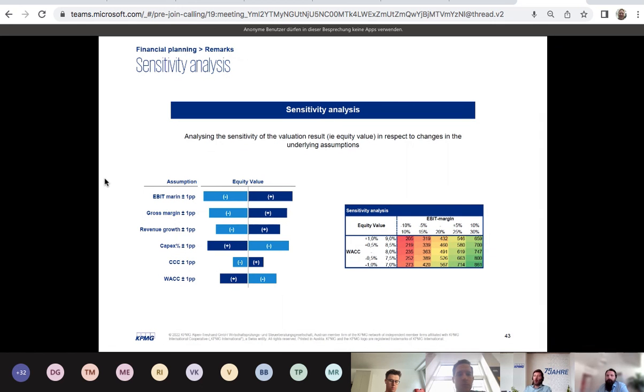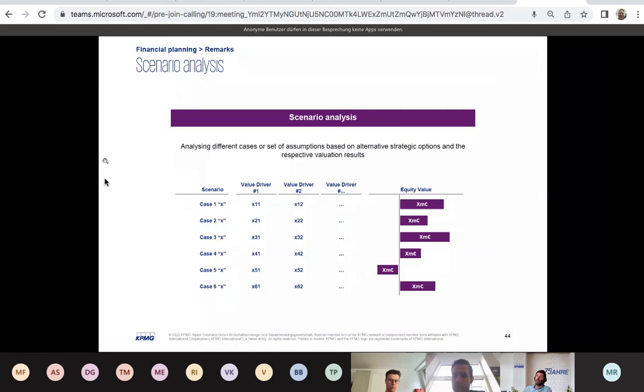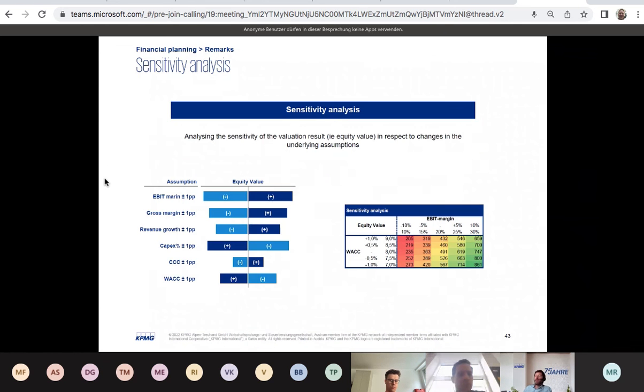What we often do in valuations, we perform so-called sensitivity analyses. So sensitivity, and also on the next slide you will see scenario analysis. These are used quite often to reflect certain changes in, for example, key value drivers, key performance indicators, and so on.